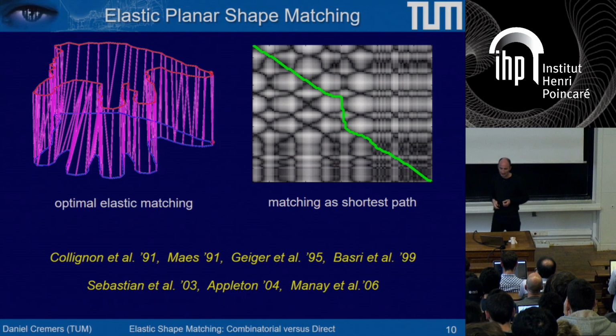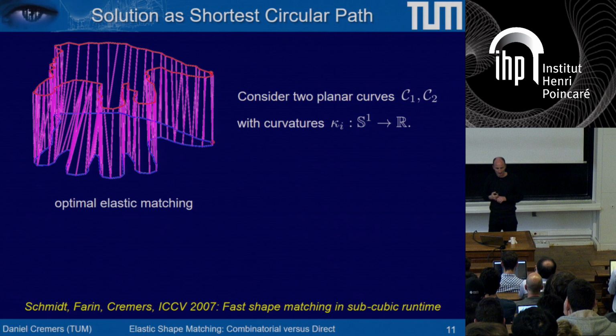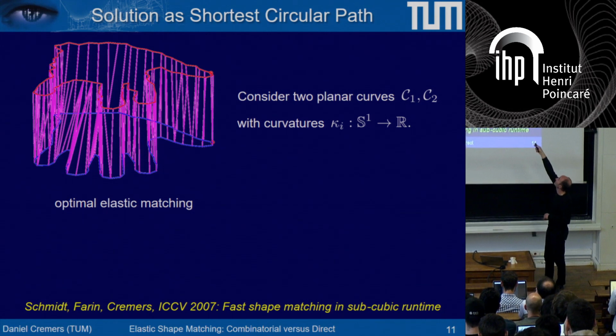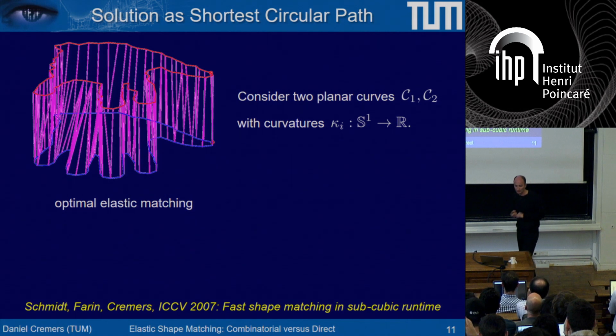That's really nice. Once you don't know the initial correspondence, it's a little bit more difficult, but actually still solvable in polynomial time. So then you have matchings. You assume you have the curvature for your two shapes. Let's call them C1, C2. They're parameterized on the circle.